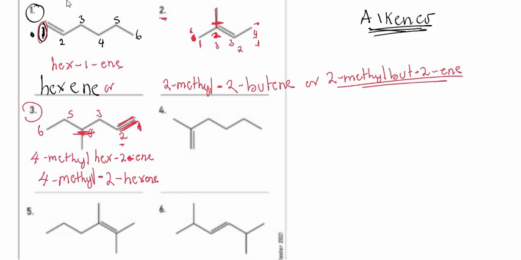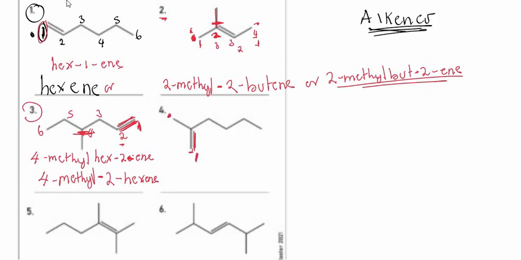How about question 4? On question 4, what you need to do is that we don't start counting from this side. Why was I not supposed to start counting from this side? Because you have the double bond here, so start counting from this point exactly.